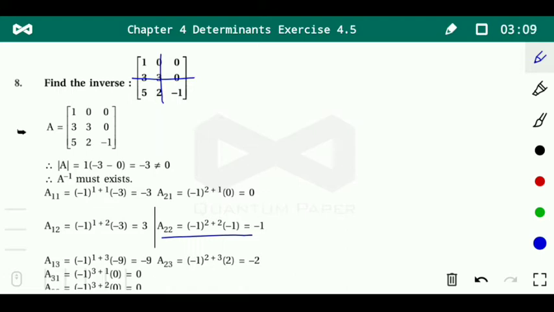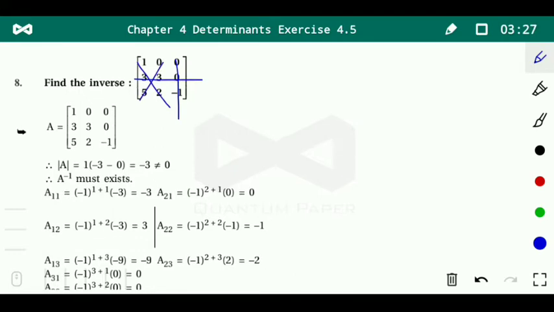Now we multiply: 1 ones are 1, minus 1 plus 0, so it will be minus 1. Next we find A23: we remove the second row, third column, so minus 1 raised to 5 into 2 ones are 2 minus 0, so minus 1 raised to 5 is minus 1, and minus 1 into 2 is minus 2.